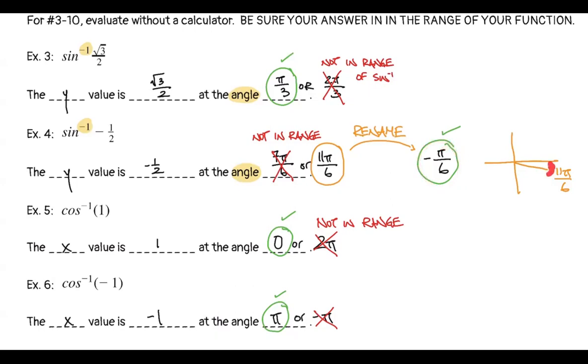So what's another way that I can say 11 pi over 6 if I count in the negative direction? Negative pi over 6. Yeah, 11 pi over 6 is the same as negative pi over 6. So all we do is we say, ooh, this name was too long. We wanted a shorter name for the same thing, but it just fits between negative pi over 2 and pi over 2. Okay, that makes sense. Thank you.